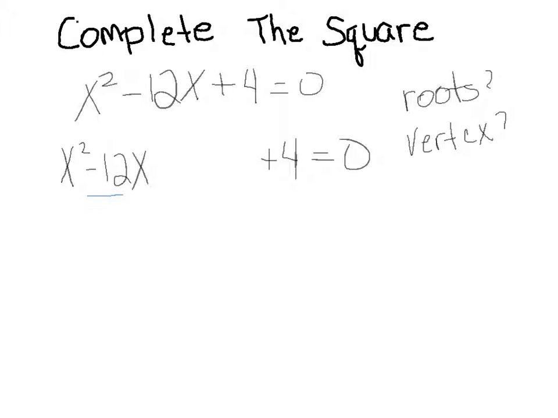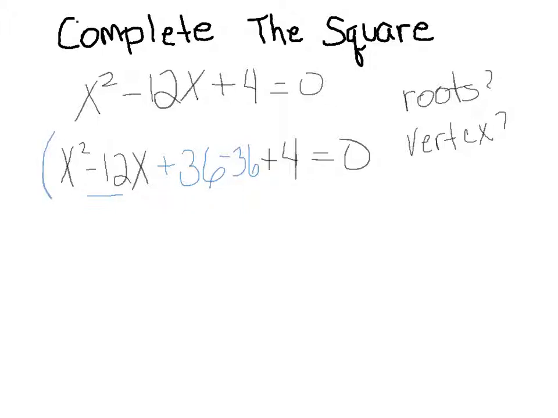Negative 6 squared is positive 36. Now, if I do that, then I also need to subtract 36 out, so I won't change the value of the equation. I'm really just adding a 0 right here.